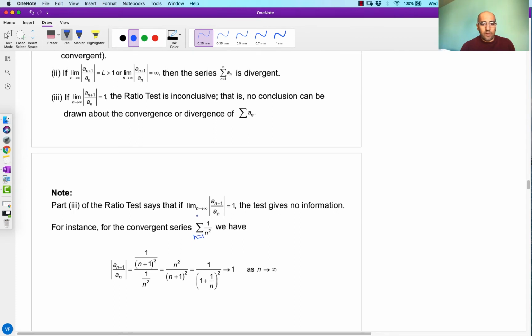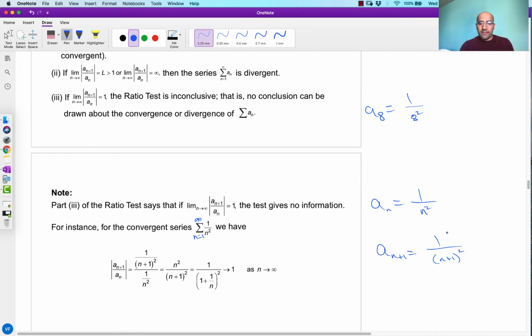If we apply this ratio test, the nth term is equal to 1 over n squared, just like the 8th term would be equal to 1 over 8 squared. So the nth one is 1 over n squared, and the one right next to it, the n plus 1 term, is going to be 1 over n plus 1 quantity squared.